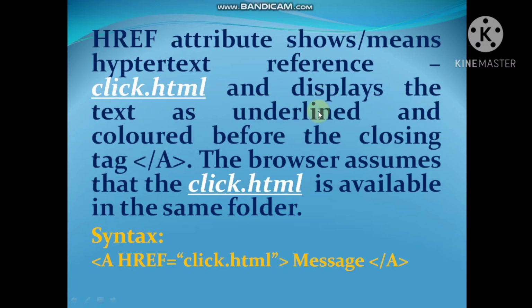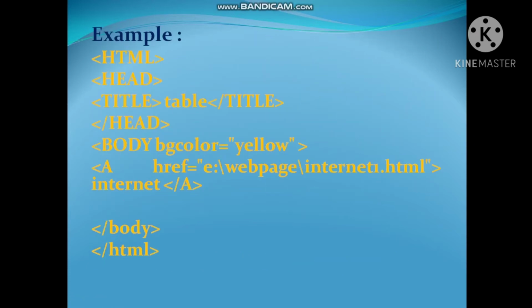Click.html is displayed as underlined and colored text before the closing tag. The browser assumes that click.html is available in the same folder. That means whatever HTML you create should be in the same folder where you save the web page. Example: html, head, title, I use table, close the head, body bgcolor equal to yellow.